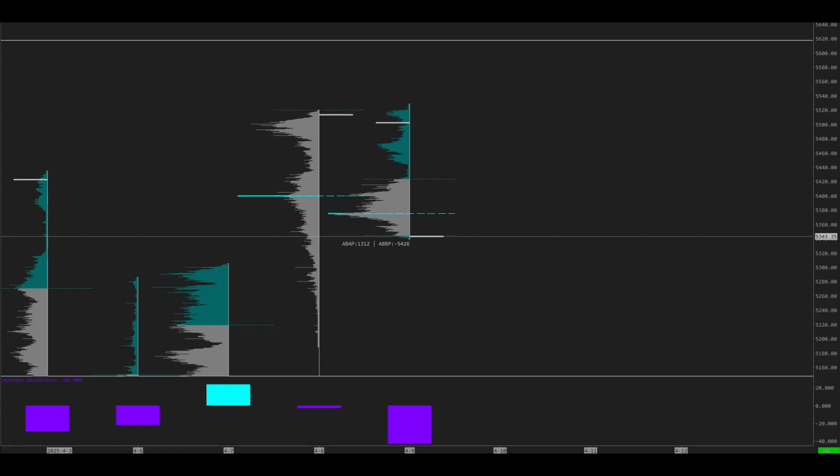So failure to do what's expected is bullish if it's expected to do something bearish.